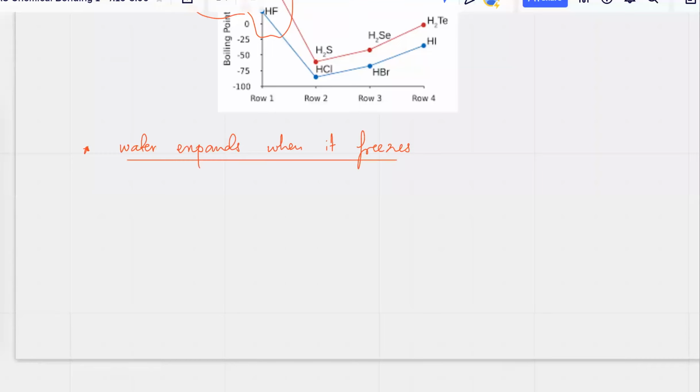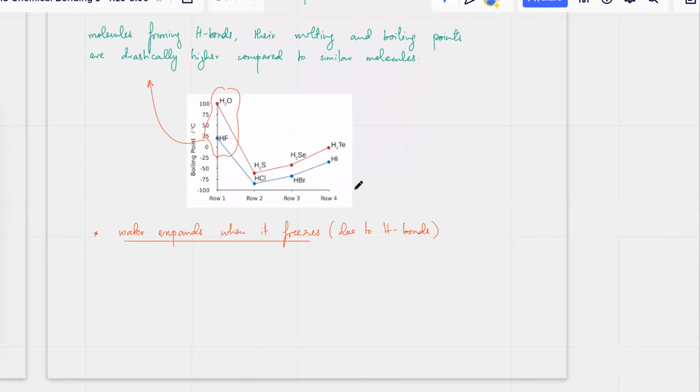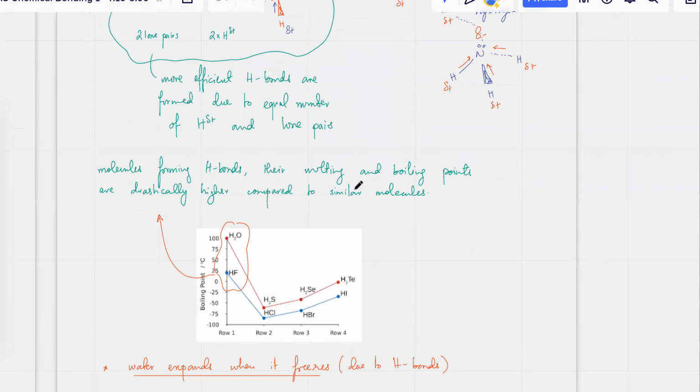This is due to hydrogen bonds. The expansion is pretty strong. It's a very strong expansion because pipes can break, steel pipes can break, explode. So the expansion is really, really strong. So why does this happen when water freezes?